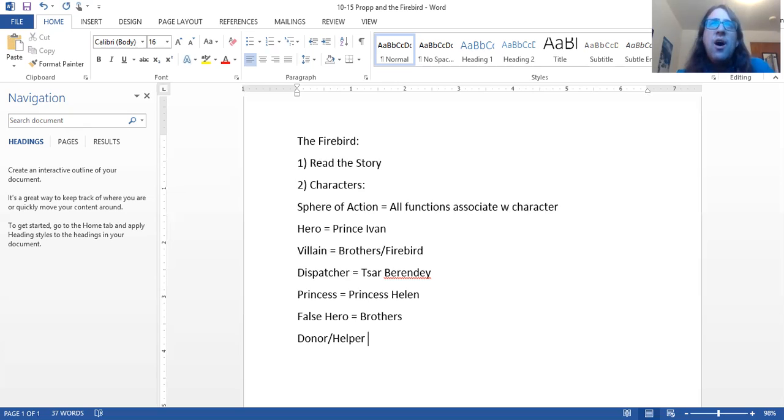But I think one way that you can see something pointing more towards a donor than a helper is whether they go through the donor sequence, DEF, of testing the hero in some way. And if they do, then they kind of fit that model of a donor. Whereas a helper more often, maybe not always, but a lot of the time would just kind of appear randomly, would not test the hero. That's my take on it anyway. As you can see, there's a lot of room for interpretation.